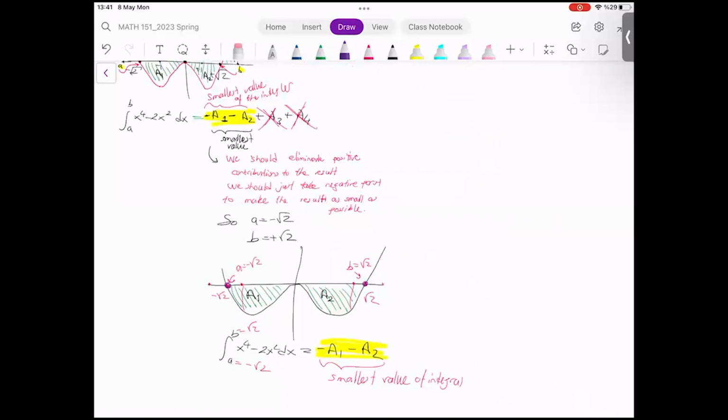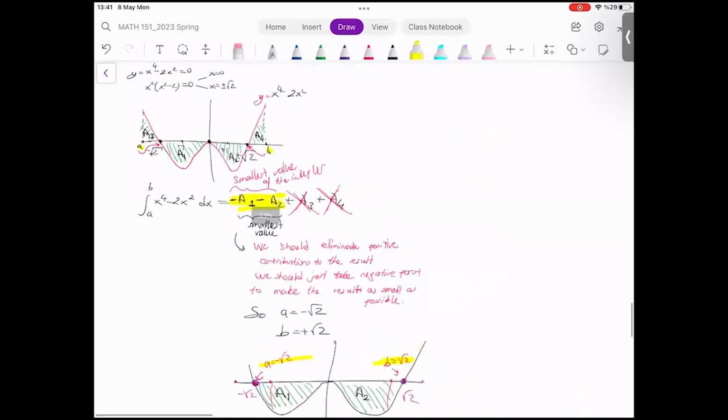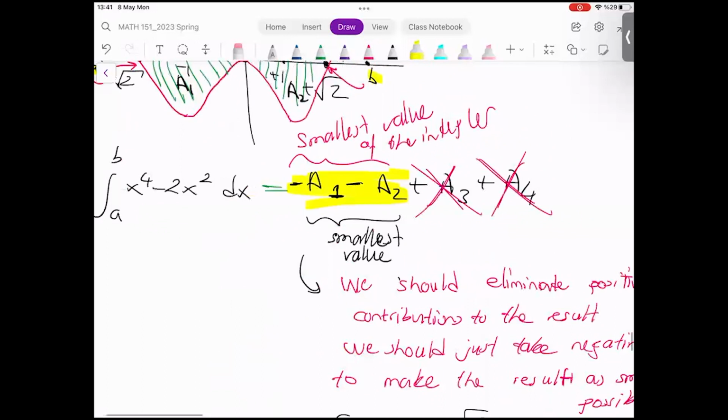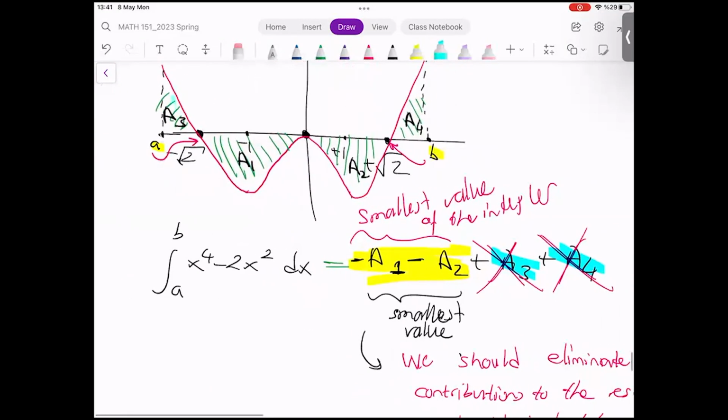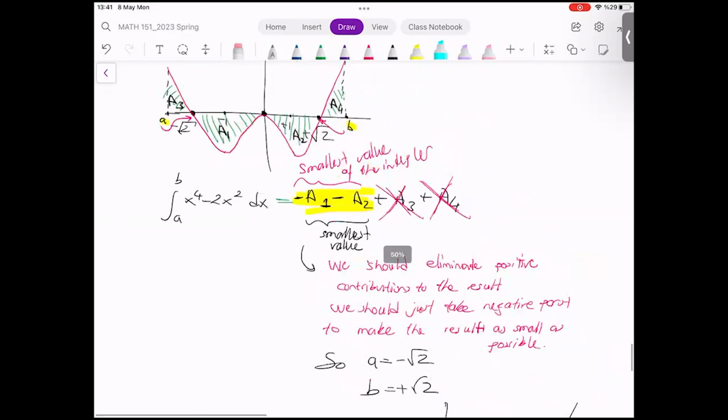Any questions? Only in this case, when A is minus square root 2 and B is plus square root 2, the result of your integral becomes smallest. Why? Because only in this case can you eliminate these positive contributions coming from here and here. You don't want these positive parts. That's why you want to move A here and B here to get rid of these positive additions. And that's it.